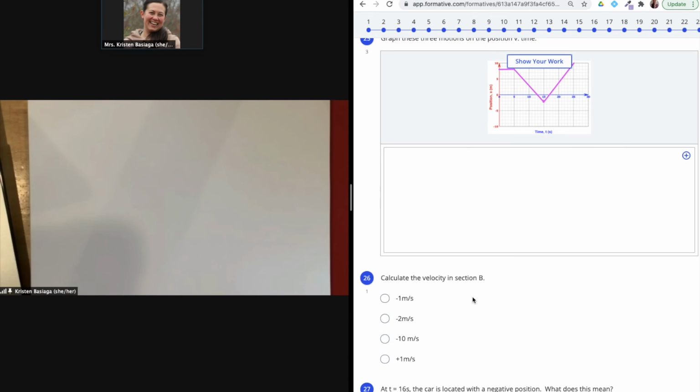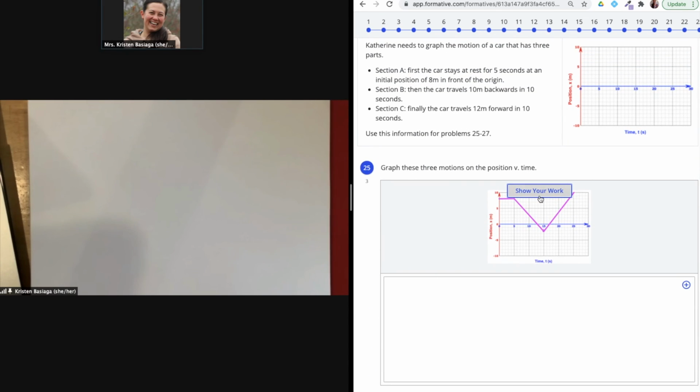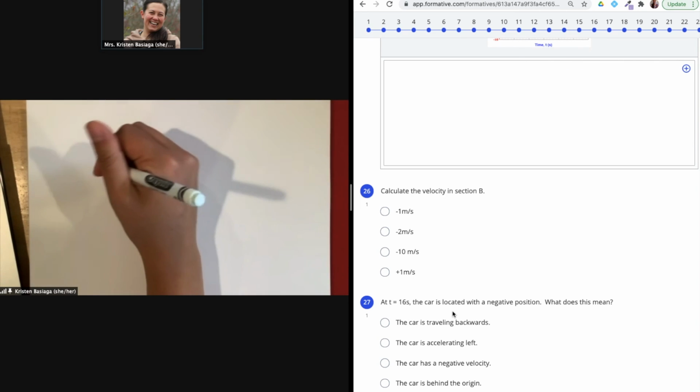So calculate the velocity in section B. In section B, this object went 10 meters backward in 10 seconds. So I can do this just based on the word problems.